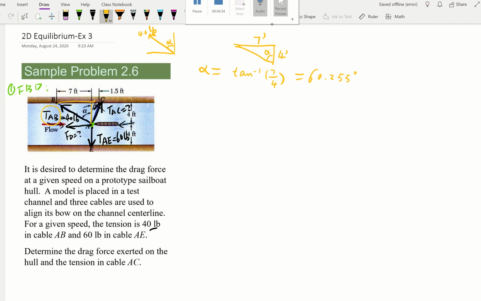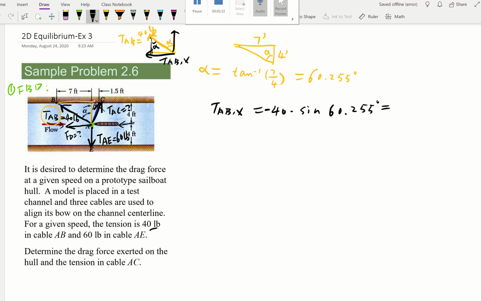Knowing that, I can go ahead and look at TAB, which is 40 pounds. We need to find its x component and y component. Then we can figure it out. The TAB x component uses this 40 pound hypotenuse, and this alpha is right here. The x direction is opposite, so it's going to be sine of alpha, 60.255 degrees, and it's negative because it's pointing to the left.